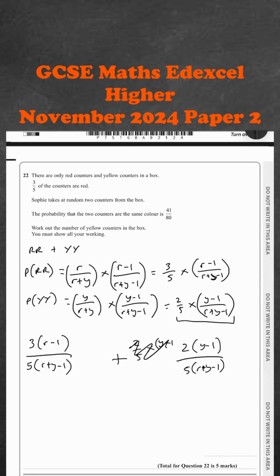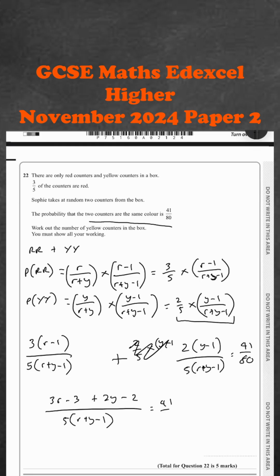If we add these together, we know this is going to be 41 over 80, as we're told that the probability of the two counters being the same is that. So this is also the same denominator, which makes it a little bit easier. So 3r minus 3 plus 2y minus 2 over 5 lots of (r plus y minus 1) equals 41 over 80.